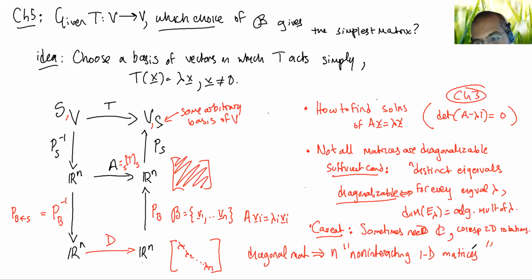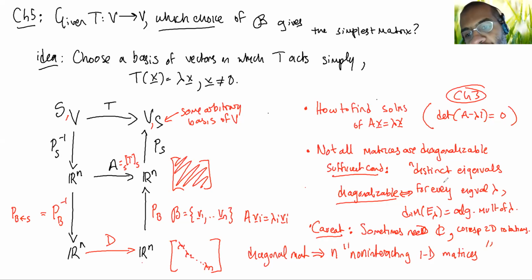Okay, so that's all I want to say about chapter 5, and I'm really out of time, so let me just very quickly say about chapter 6. Chapter 6, if there's a complex eigenvalue, the matrix is diagonalizable if you allow complex eigenvectors and eigenvalues.